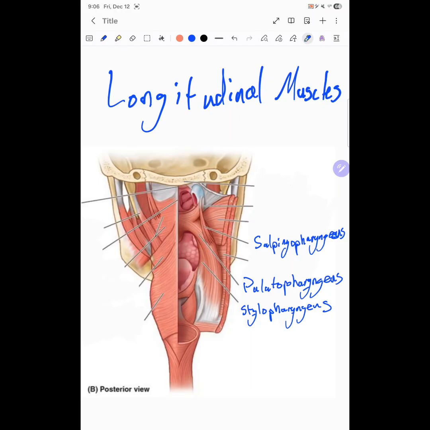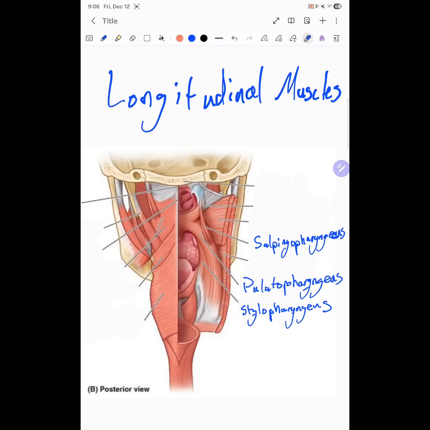This one is different though, innervation-wise. It is the only pharynx muscle to be innervated by something other than the vagus nerve, and it is innervated by the glossopharyngeal nerve, which is cranial nerve number 9. Main action though, it's going to do the same thing as the other muscles.